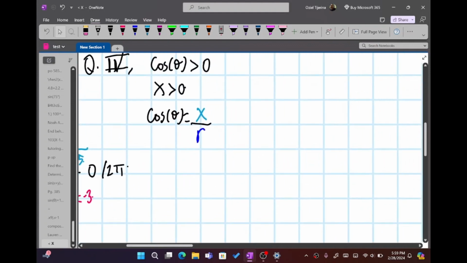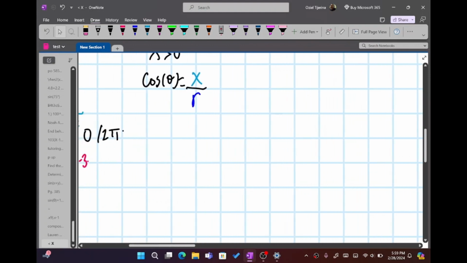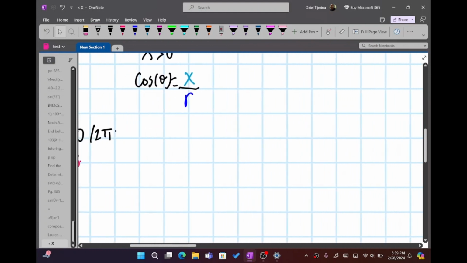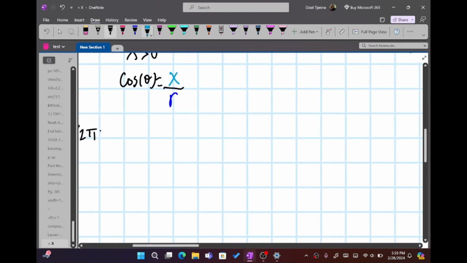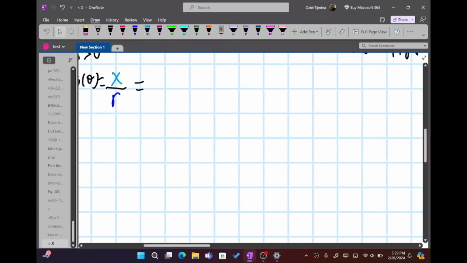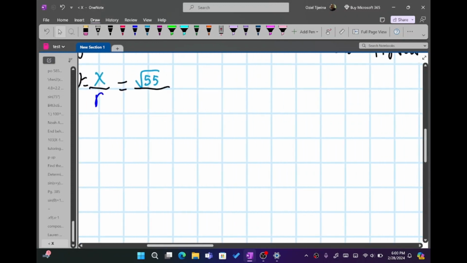And so we know that cosine theta again was x over r, and we already have sine theta. So really, what we're gonna do is, we know that cosine theta is gonna be the square root of 55 over, and then my radius, which was 8, right?